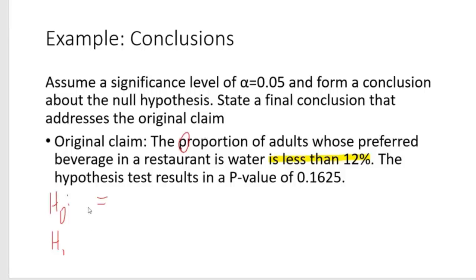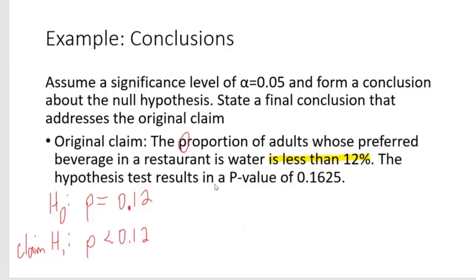Here we're dealing with proportions, so it's going to be p is equal to the percentage I'm dealing with, 12%, so that's 0.12. That is not the claim, though. The claim was that it's less than 12%. So this time, my claim will be my alternative hypothesis, and it's p is less than 0.12.